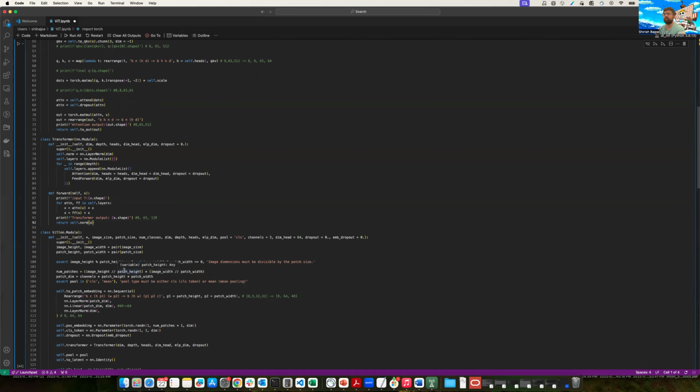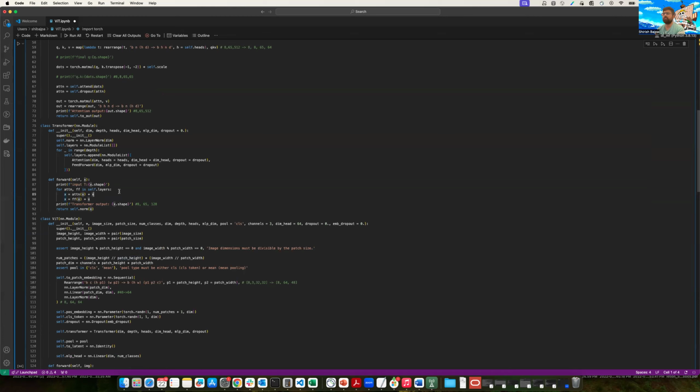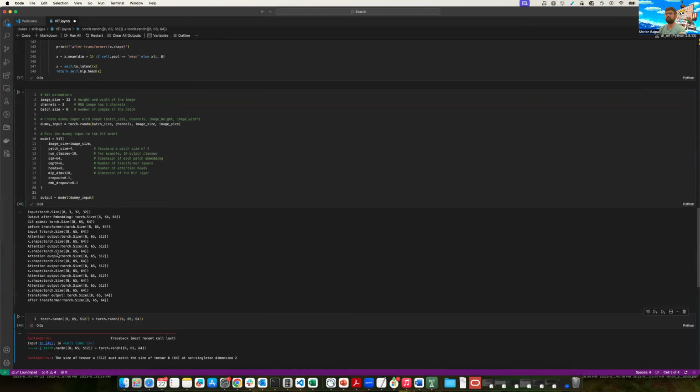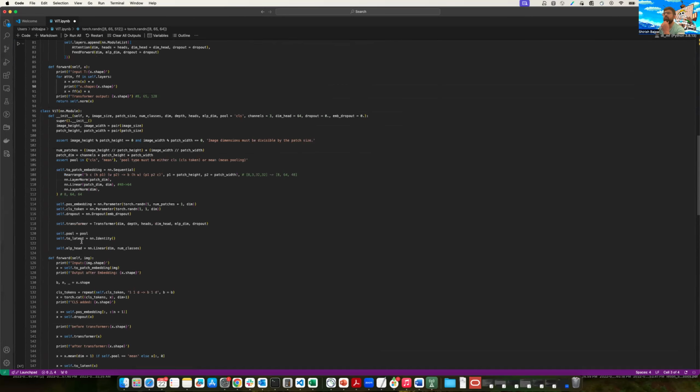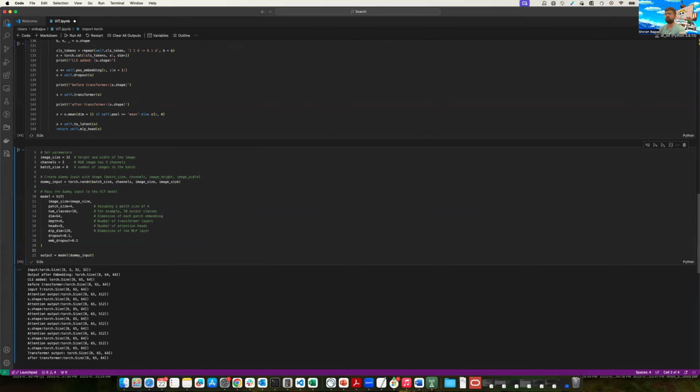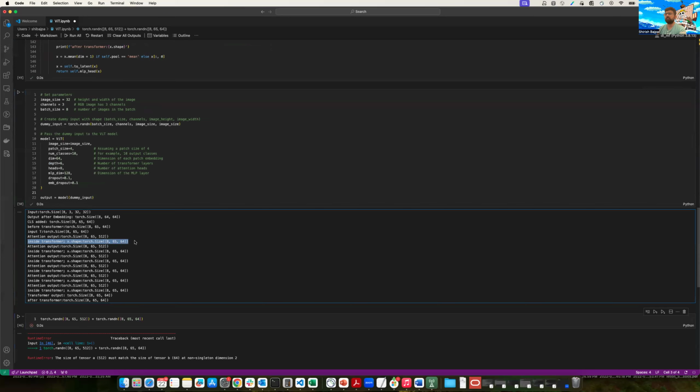Maybe let's print this here, X, when they are added, dot shape, inside the transformer.